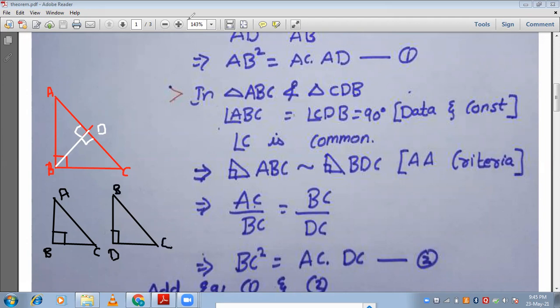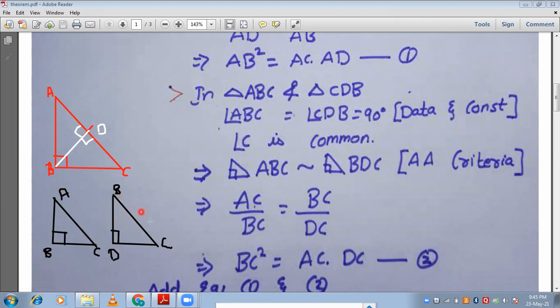Now, in triangle ABC and CDB, angle B is equal to angle D, which is equal to 90 degrees. Angle C is common. Therefore, triangle ABC is similar to triangle BDC. If two triangles are similar, then corresponding sides are proportional.